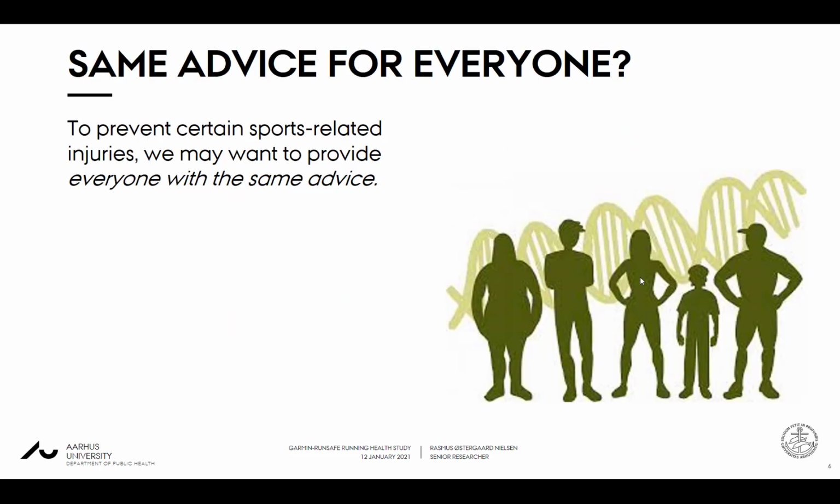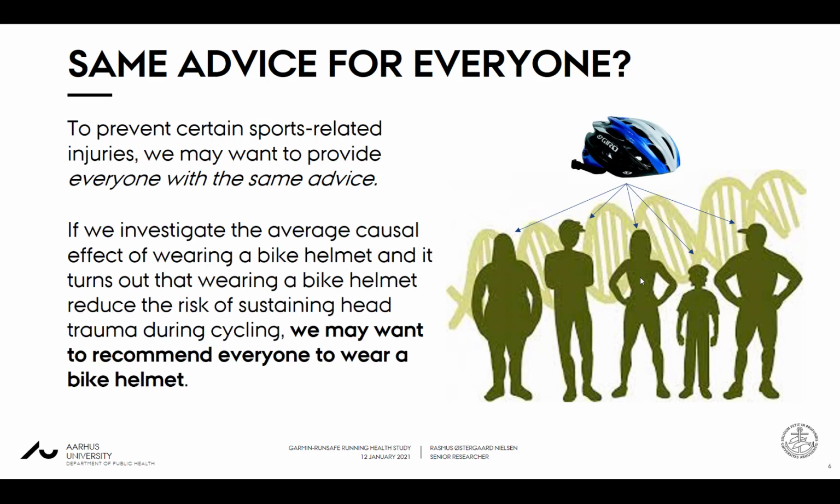For instance, do we want to provide the same advice to all athletes, all runners? Maybe for some types of sports injuries that could be okay. For instance, if these were cyclists, we would recommend all of them to wear a helmet in order to reduce the risk of trauma.